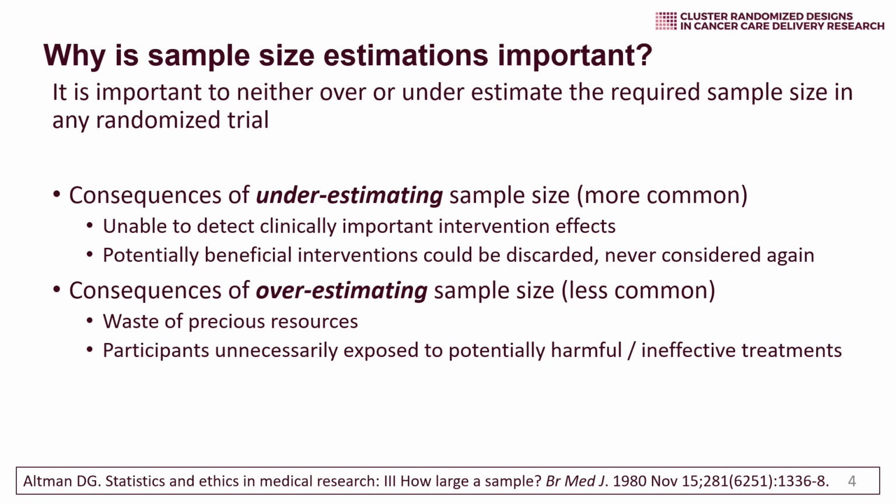Underestimating the required sample size is far more common. Overestimating the sample size also has consequences, even though this is less common. It can mean that we waste precious resources, and it might mean that participants are unnecessarily exposed to an intervention which might turn out to be harmful or perhaps ineffective.